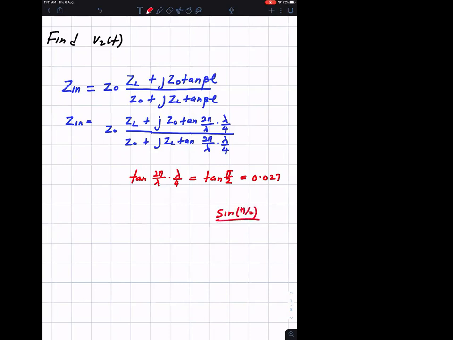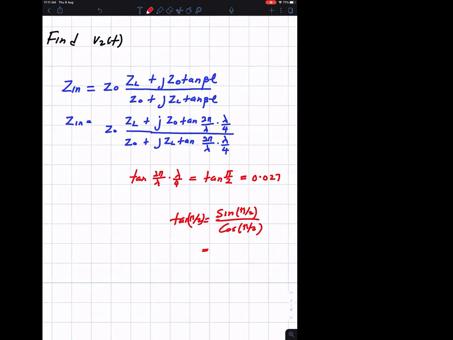Tangent is sine pi over 2 divided by cosine pi over 2, right? So what is sine pi over 2? Sine pi over 2 is 0.027, sir.